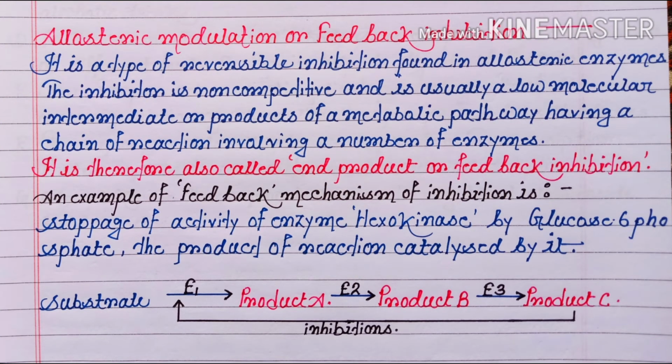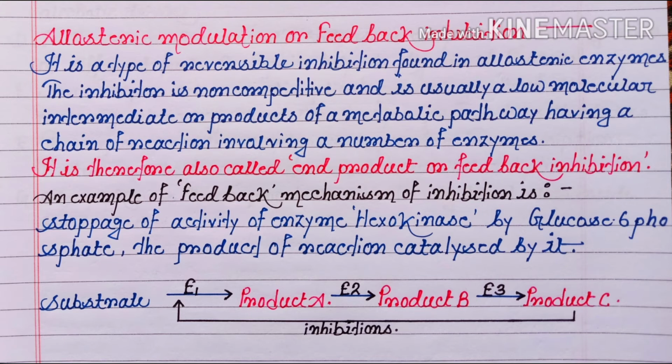Now this is the most important topic in this video session, allosteric modulation or feedback inhibition. It is a type of reversible inhibition found in allosteric enzymes. The inhibitor is non-competitive and is usually a low molecular weight intermediate or product of a metabolic pathway having a chain of reactions involving a number of enzymes.